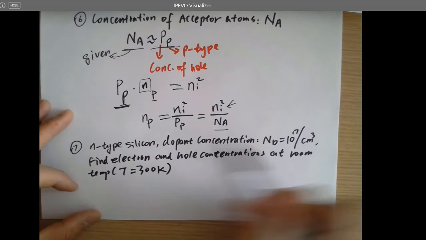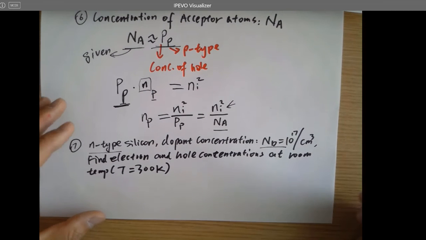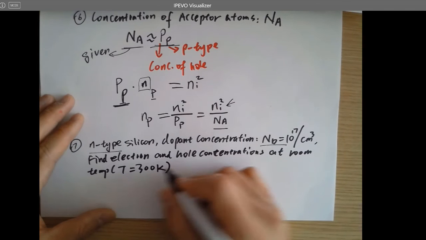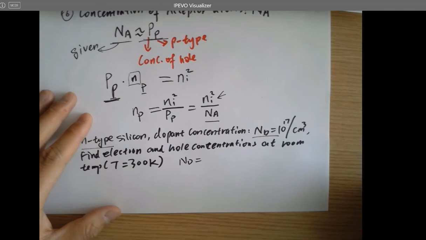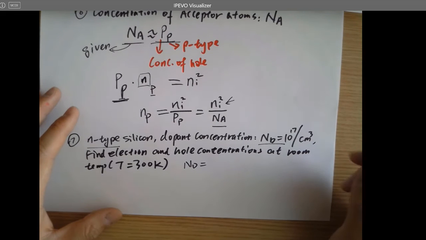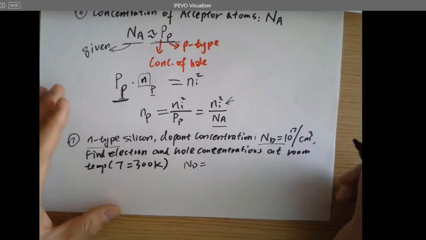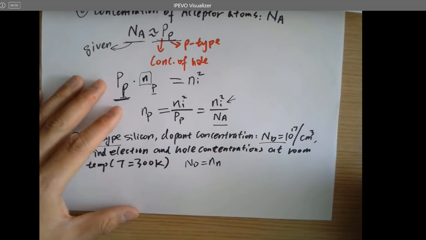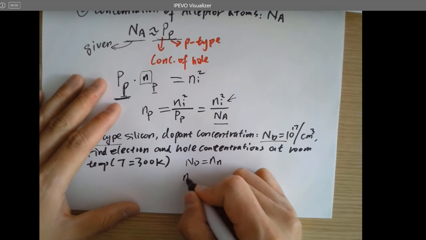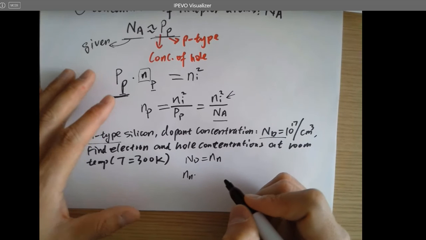N-type or P-type? N-type. It makes sense because of the donor. And we know that for the N-type semiconductor, ND equals what? Np, Pn, Pp, which one? Nn. And we also know that Nn times what?